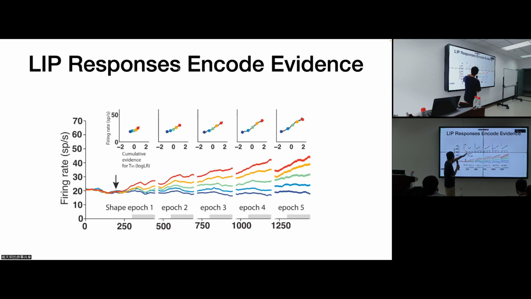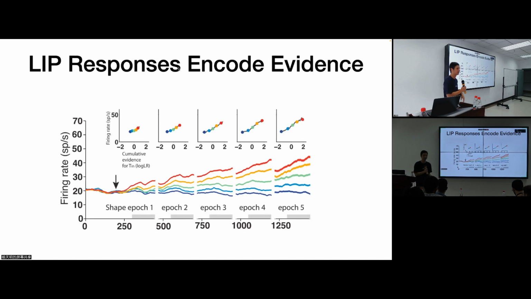And again, if we plot the firing rate against the log likelihood ratio, you see a pretty stable encoding of log likelihood ratio across time. And again, I want to emphasize here, the log likelihood ratio is just a simple addition of the log likelihood ratio associated with each shape, unlike in the previous test. And nevertheless, the neurons follow the log likelihood ratio perfectly.